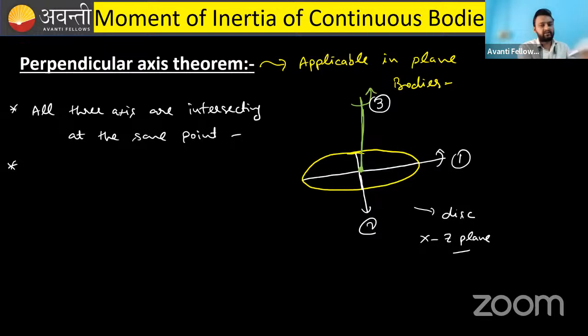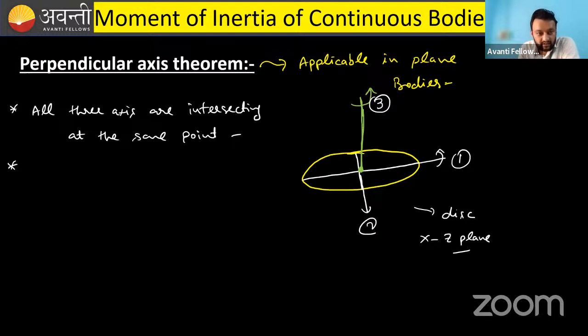Let's suppose this is the body. Can you see that this axis is perpendicular to the plane of the body? This is in the plane of the body. This is also in the plane of the body. So that's what I am saying.